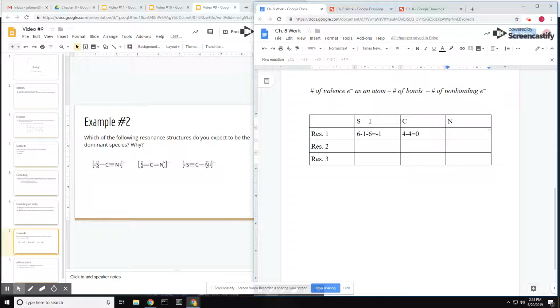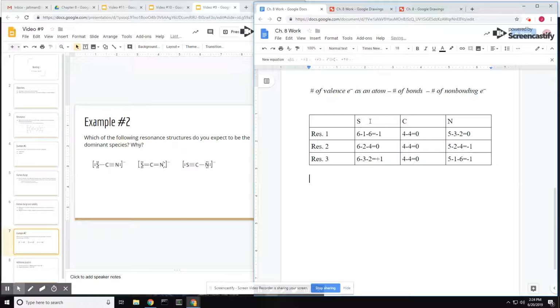And then I've got nitrogen, which is 5 minus 3 minus 2, which is also 0. So let's just do the same thing with the others as well. All right, so I've got all of the formal charges.